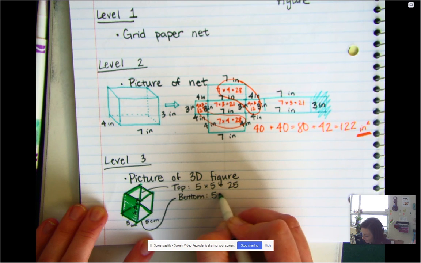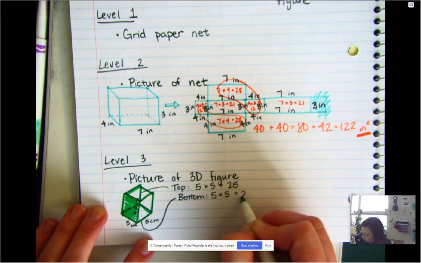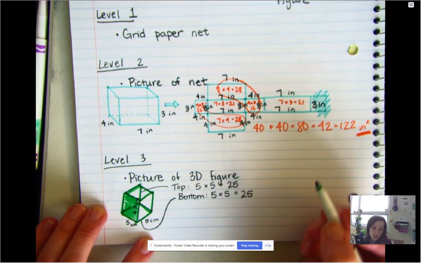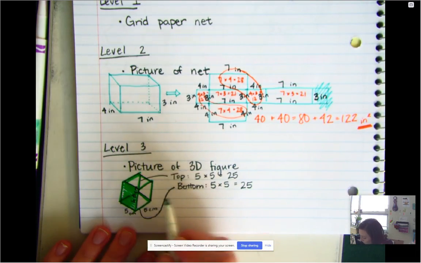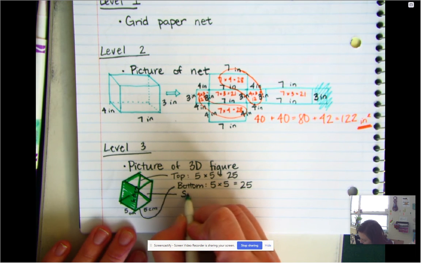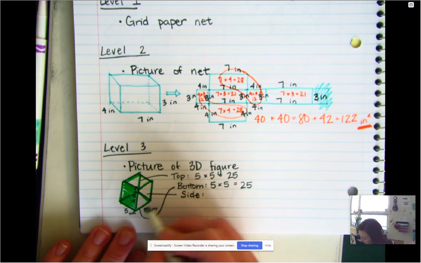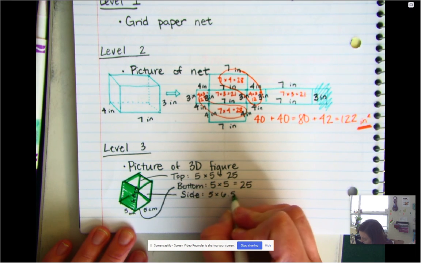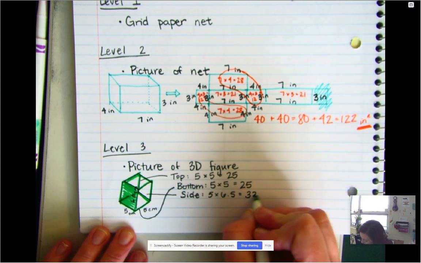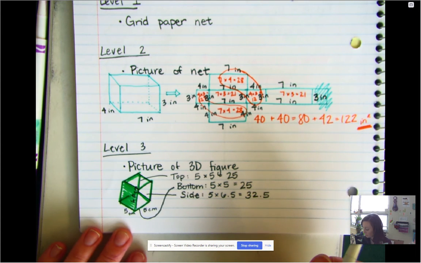I often find it is helpful to have an order that you go through when you attack these shapes rather than just picking random sides, okay? If I do this side right here, this side is 5 by 6.5. 5 by 6.5 is 32.5, I'm pretty sure.